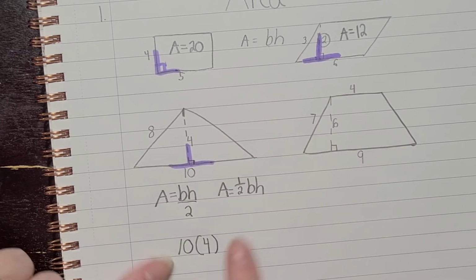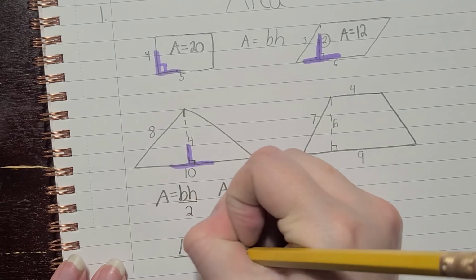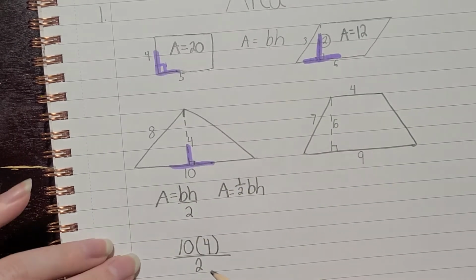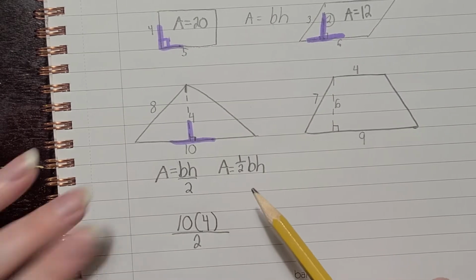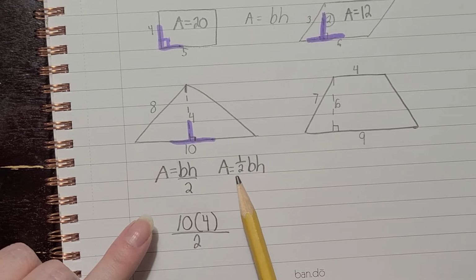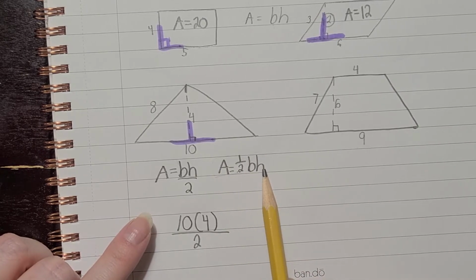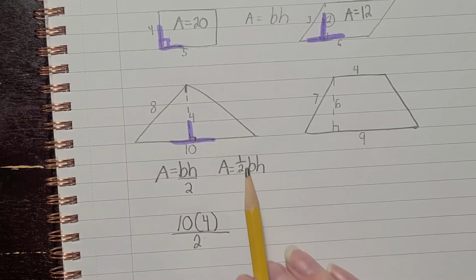And if I just stop there, I have found a rectangle area. I need to cut that in half to get my triangle. All right. And your formula chart will be available to you always, even on STAR. There's that little button that you probably saw today. It'll show you this formula, half of your base times height. Okay. It's the same as cutting it in half or dividing it by 2 at the end. They're the same thing.